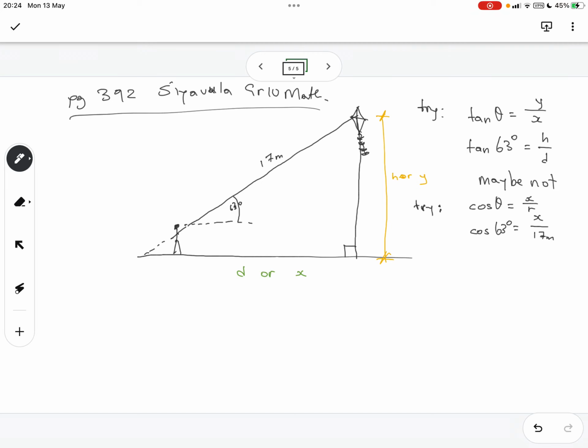So we substituted cos 63. What do we do next? We're solving for x again. We're going back to maths now, solving like we're in maths class. What do we do now to solve for x here?